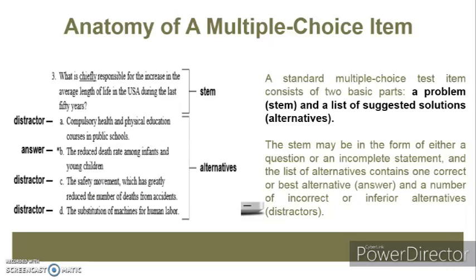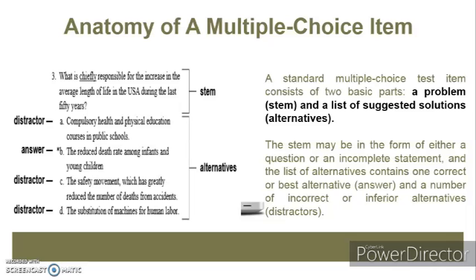Here is the anatomy of a multiple choice item. There are two parts, because a standard multiple choice test item consists of two basic parts. The first is a problem or stem, and the second is a list of suggested solutions, or it can be called the alternatives.